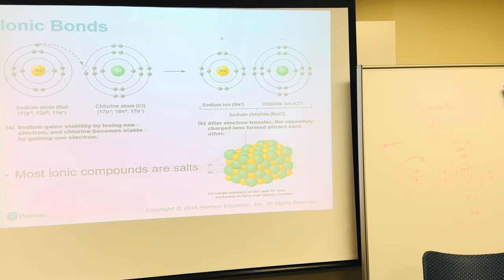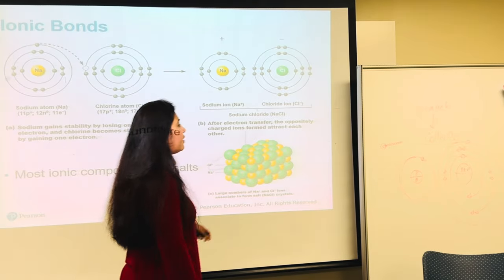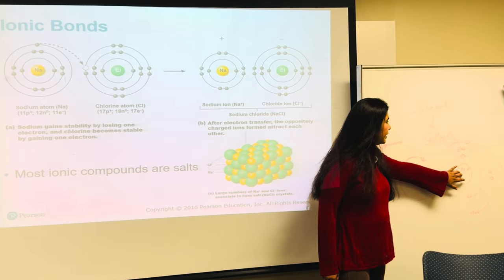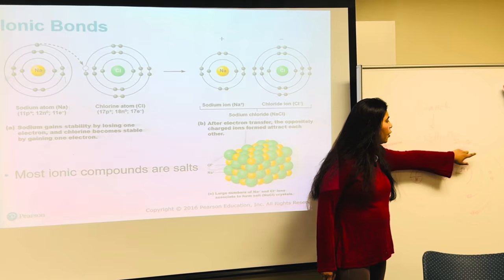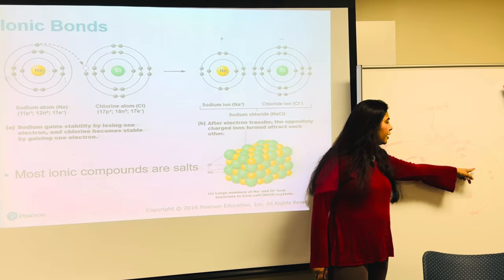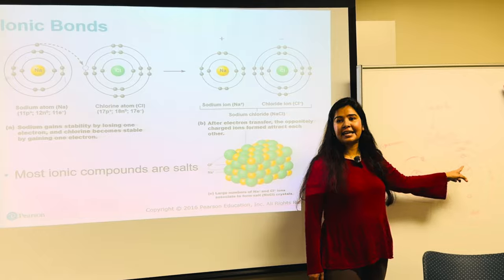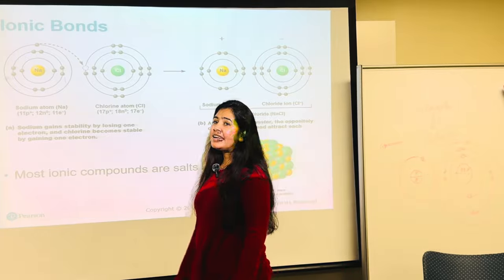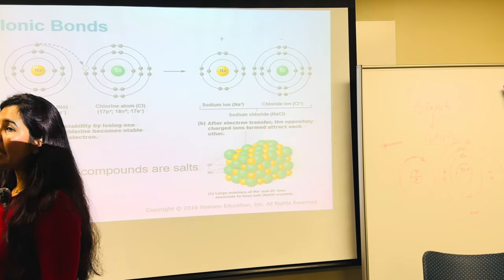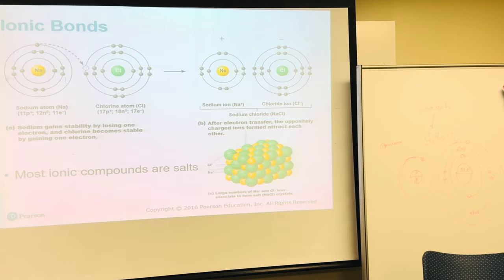So now we know that sodium has how many protons? 11 protons, right? If they give 1 electron, how many electrons will they have left? 10. If they have 10 electrons and 11 protons, what is going to be their charge now? They will be positive.